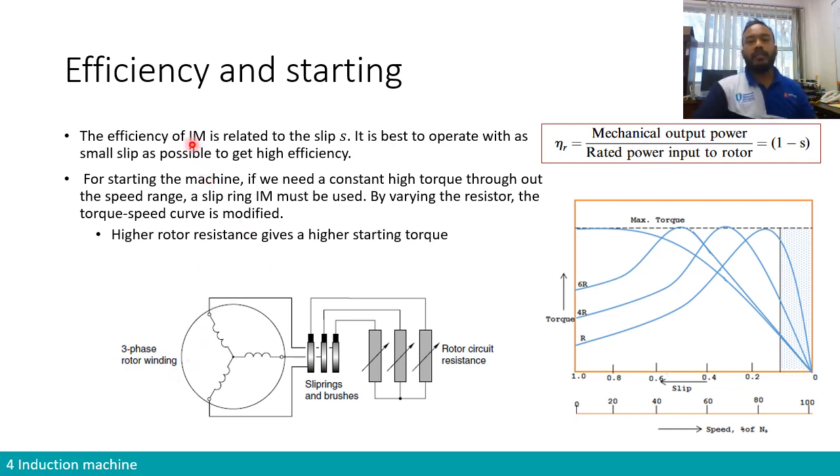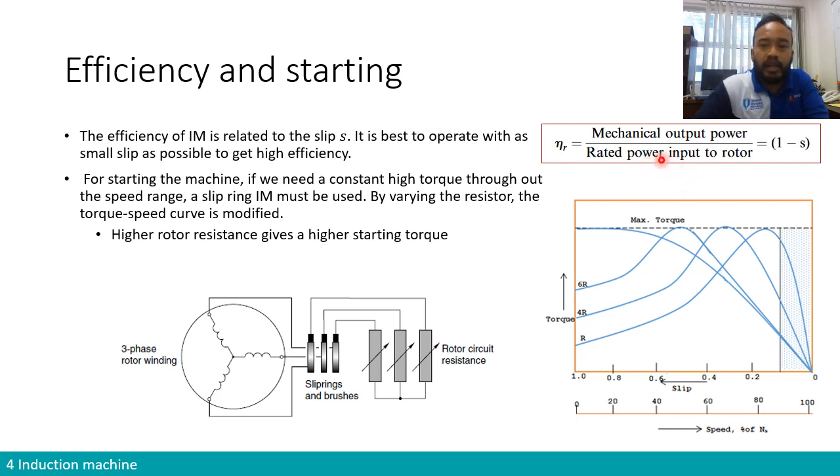The efficiency of an induction machine is very much related to the value of the slip. Why? Because if the machine is operating with the rotor very close to the synchronous speed, then the machine is very efficient, where it can pull the load very easily. To calculate that efficiency, if you are able to quantify the mechanical output and the electrical input of the rotor, then you would be able to calculate the efficiency.